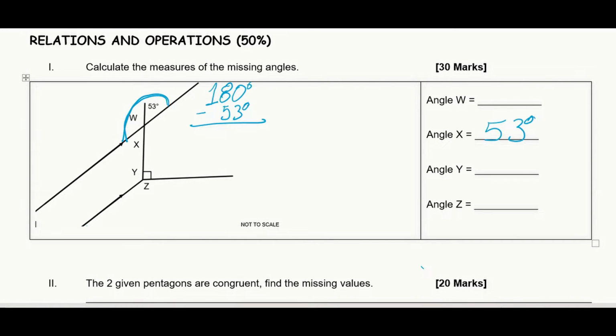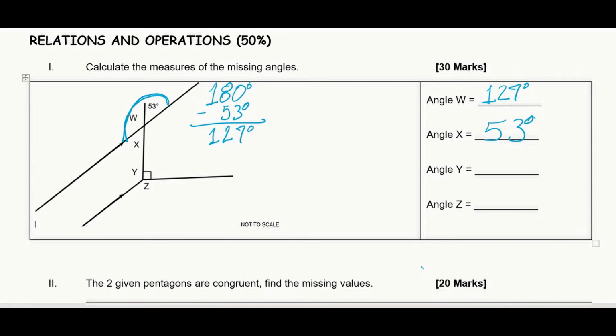The value of W. And it means we are going to subtract over here. 10 minus 3 is 7, and 7 minus 5 is 2. And so we have 127 degrees, which is W. That is the angle W.